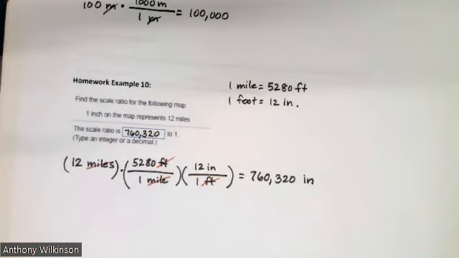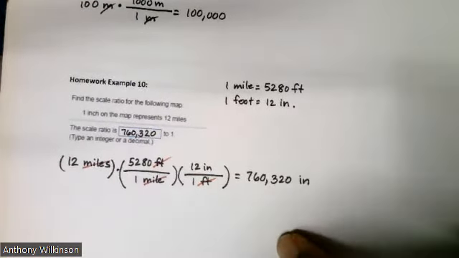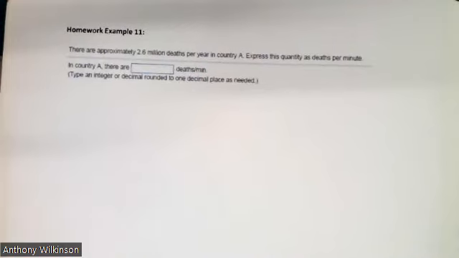And finally, this last example deals with unit analysis as well. There are approximately 2.6 million deaths per year in country A. Express this quantity as deaths per minute.